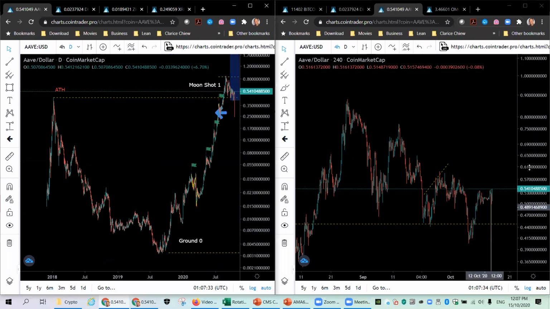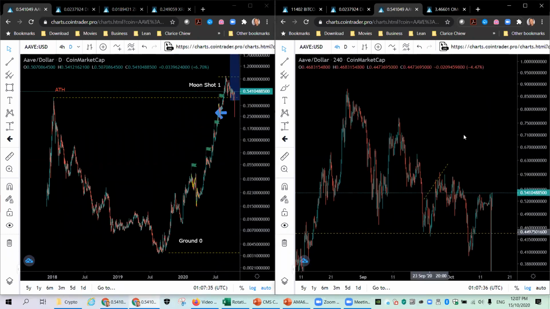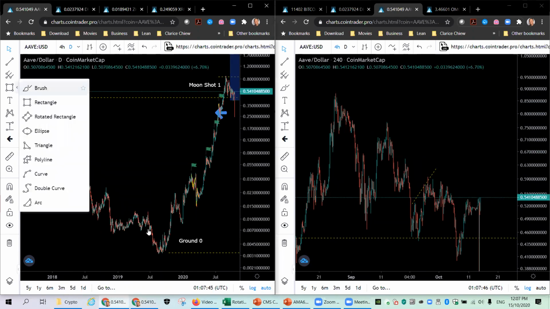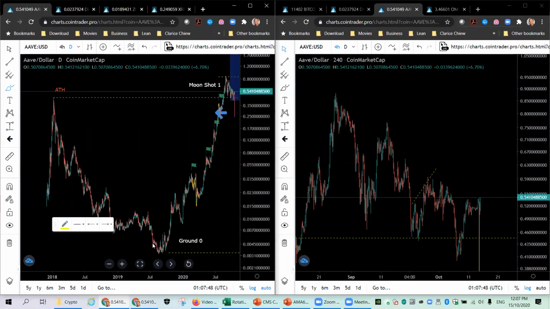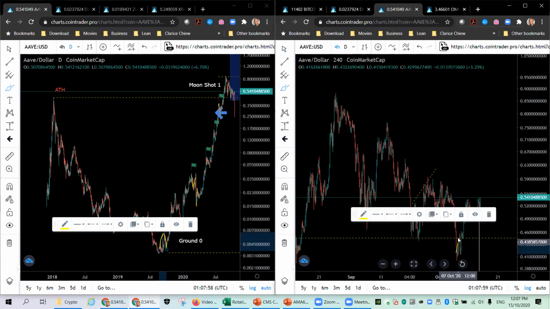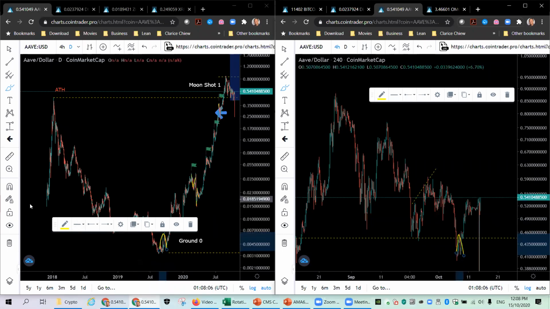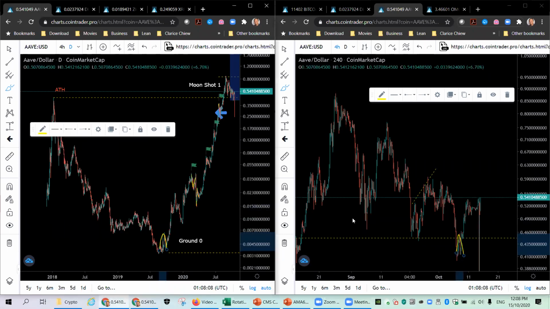If I were to line up the latest fractal here, which is the moonshot one, just to speed things up, and zoom in around here, you can see there is some correction, which we have seen. So it would have gone up to do its first major structure.